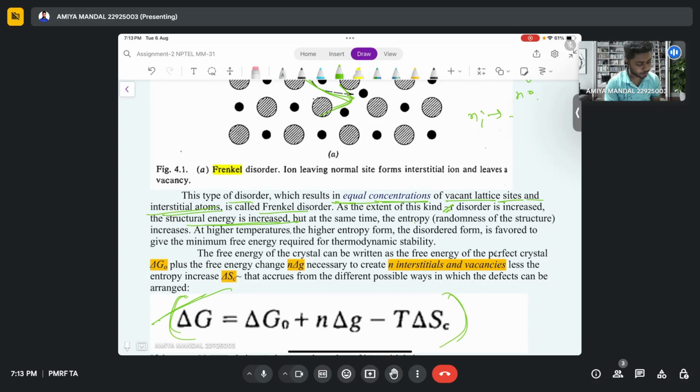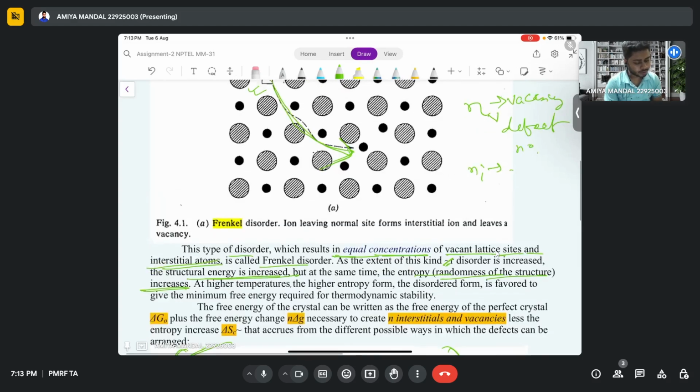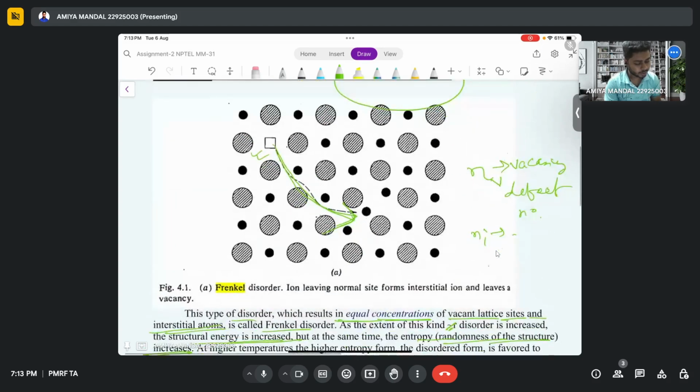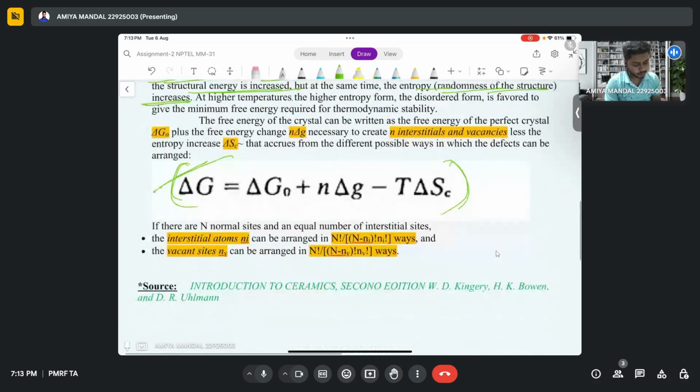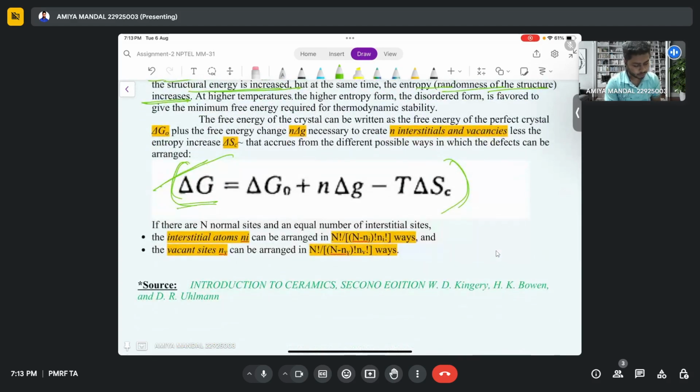But at the same time, entropy, meaning randomness, must increase because a vacancy is created and the atom is shifting to the interstitial site. So from this relation, delta G equals delta G naught, n delta G, and T delta S. This is the entropy term, and this is the enthalpy term. This n delta G, the free energy change, is the free energy change necessary to create n interstitials and vacancies.